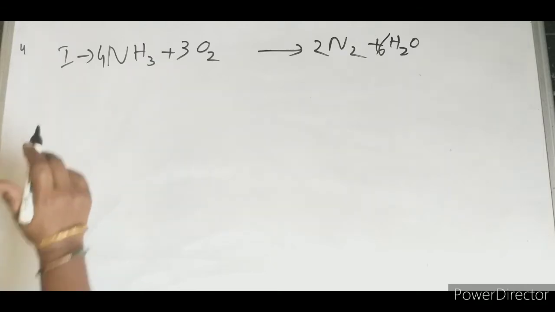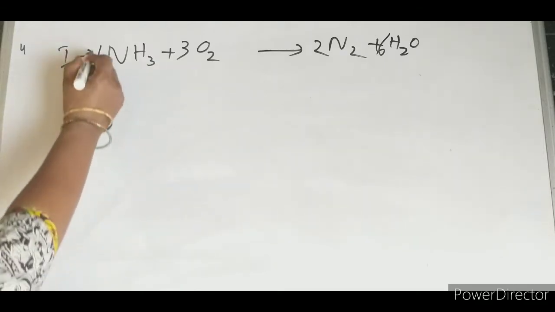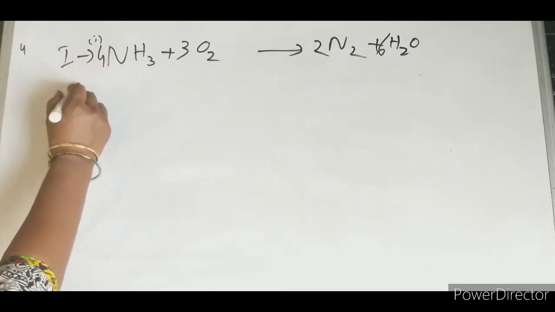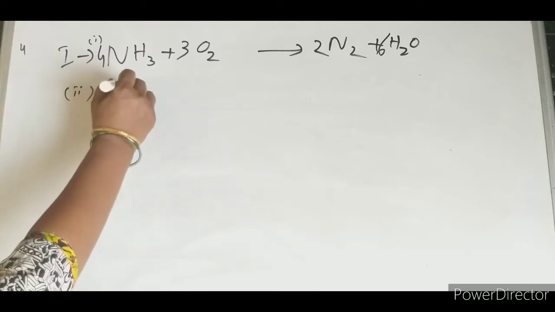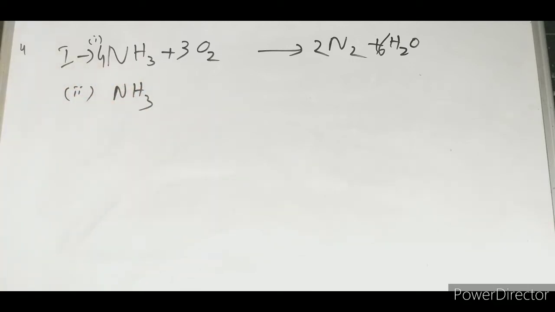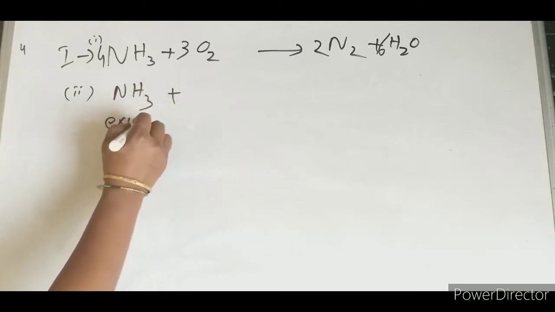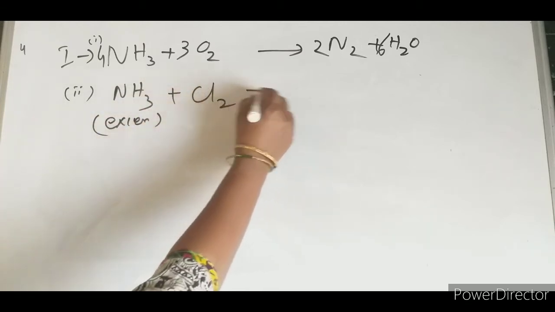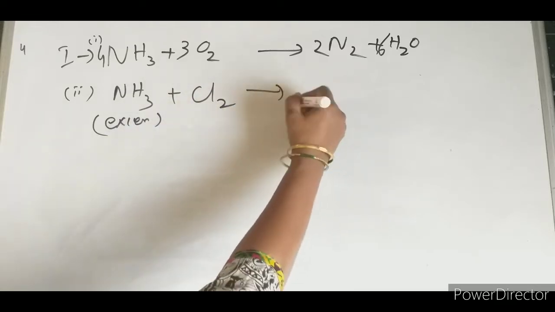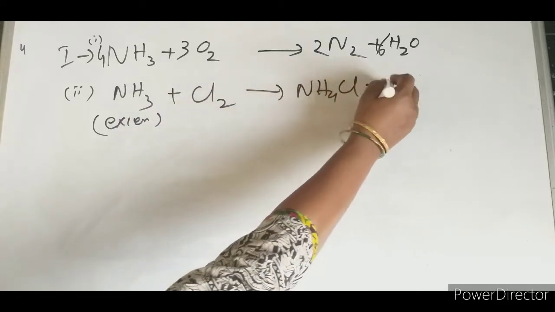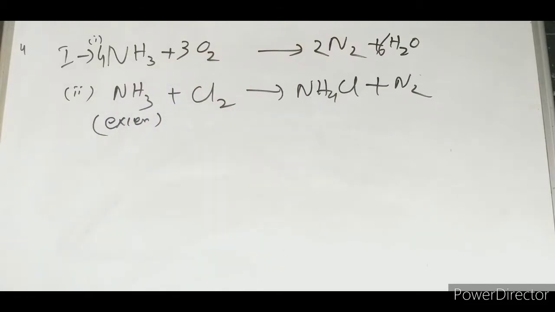This can be one of the ways. The second way: excess ammonia with chlorine gives rise to NH4Cl along with nitrogen. Okay, this is also another way.